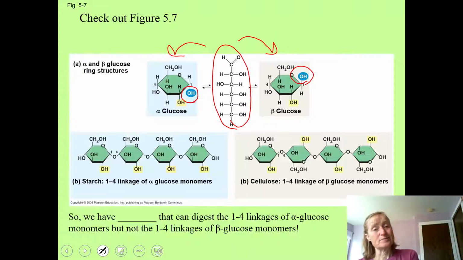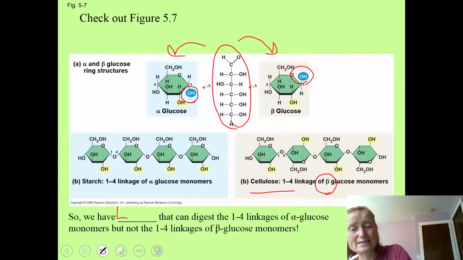And it turns out that starch is made up of alpha glucose monomers covalently bonded together. And we can break that down. We have enzymes to break that down. But cellulose is made up of beta glucose monomers linked together. And we do not have the enzymes to break apart the beta glucose monomers found in cellulose.